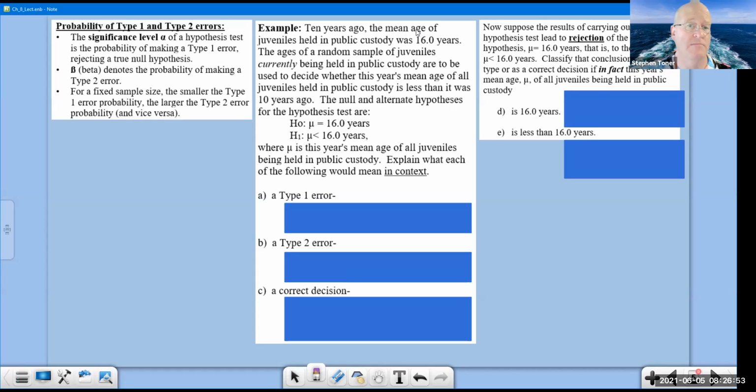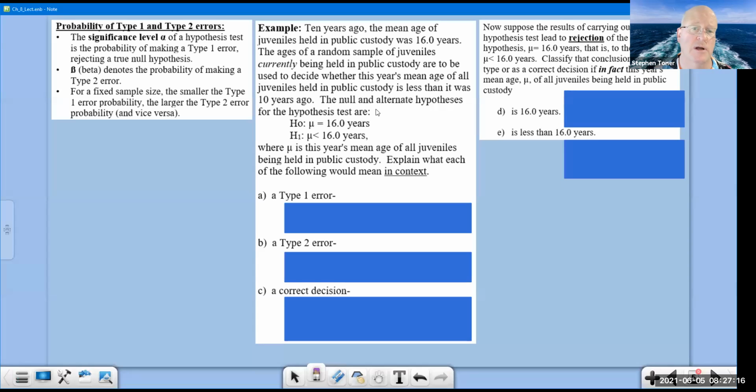Ten years ago, the mean age of juveniles held in public custody was 16 years old. The ages of a random sample of juveniles currently being held in public custody are to be used to decide whether this year's mean age of all juveniles held in public custody is less than it was 10 years ago.